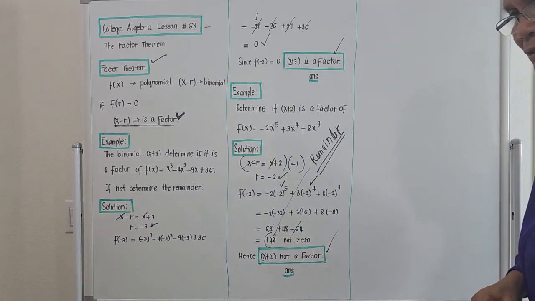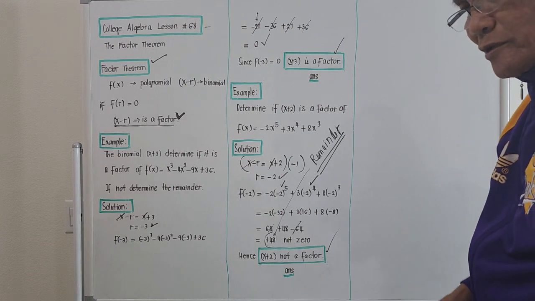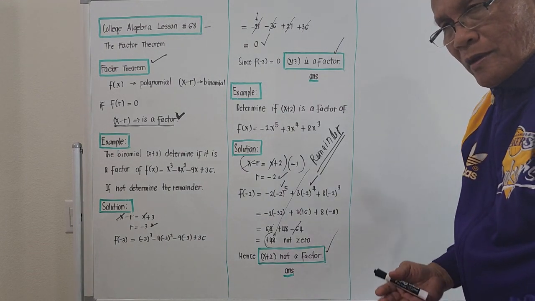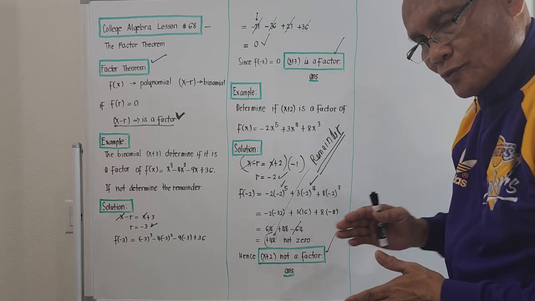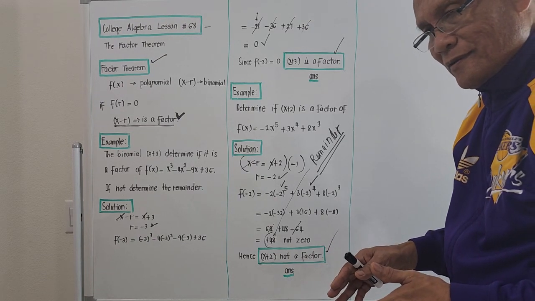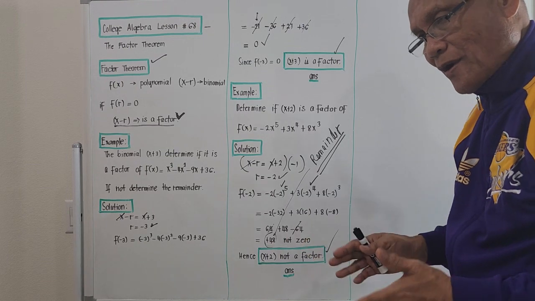It is just a direct substitution problem, right? But at least we now know what the so-called factor theorem or remainder theorem is. Remainder theorem, I will repeat it. If we substitute the value r and what comes out is not 0, there should be a remainder, and it is not a factor.